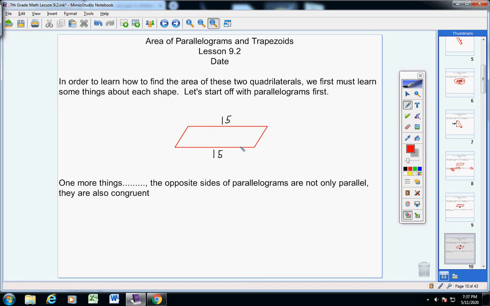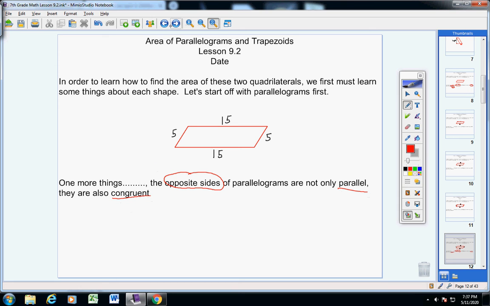And if I told you this length right here is 5, then you know automatically that this length over here is also going to be 5. So, opposite sides of parallelograms are not only parallel, they are also congruent.